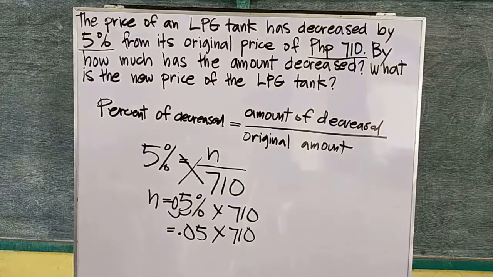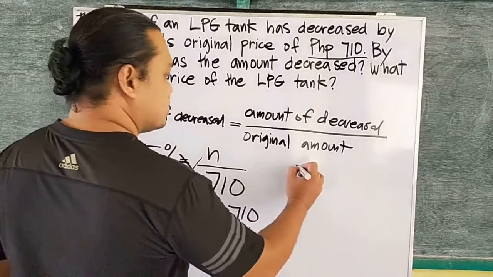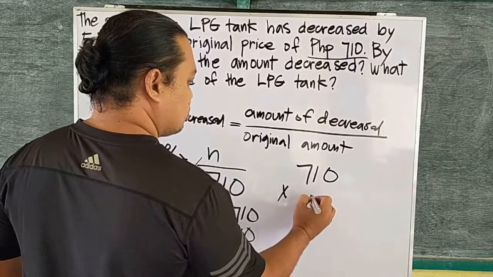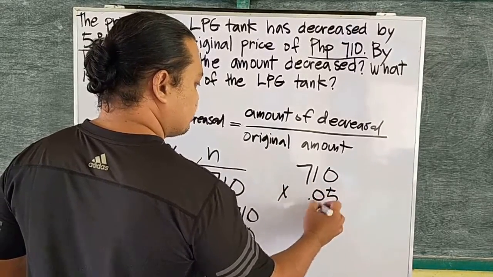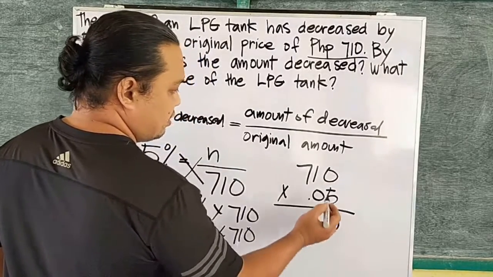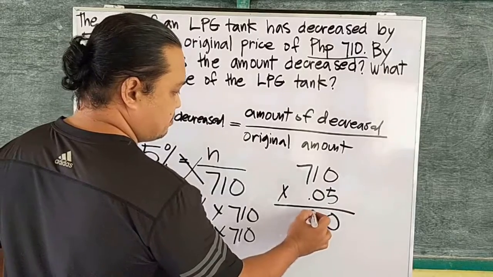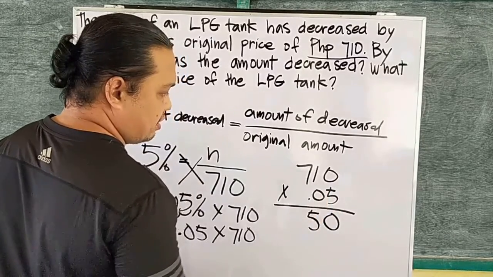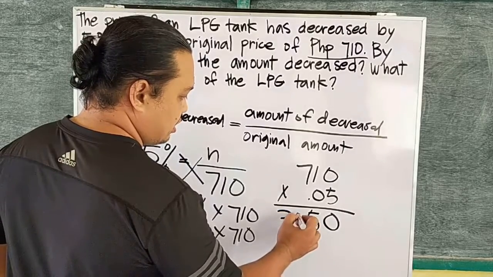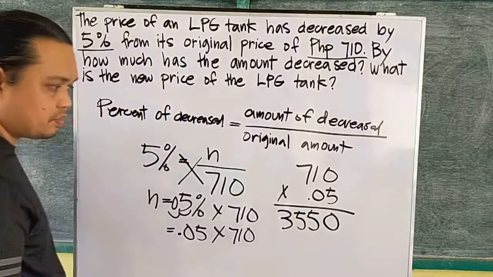Let's multiply that. 710 times 0.05. So 5 times 0 is 0. 5 times 1 is 5. 5 times 7 is 35. So we have here 3 and 5.